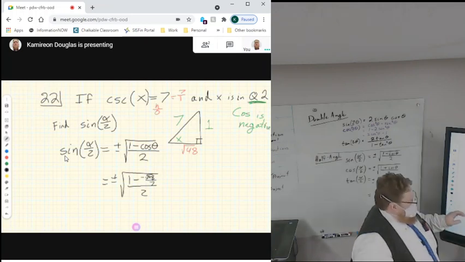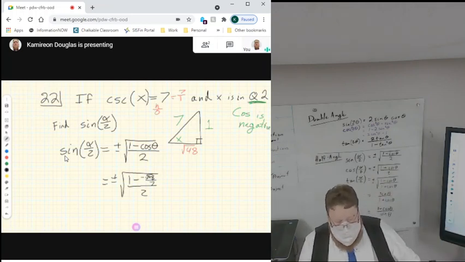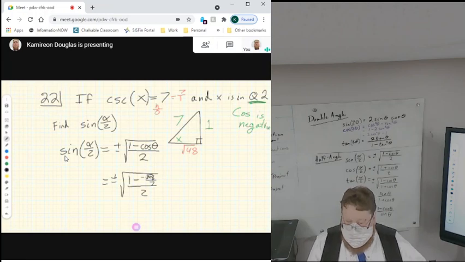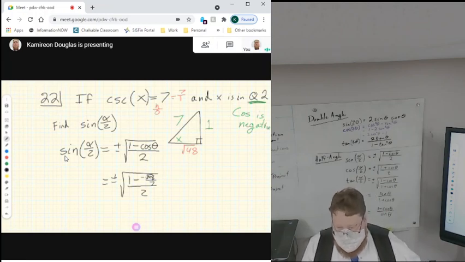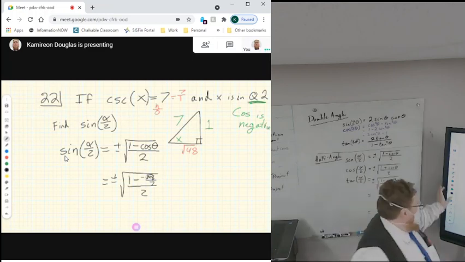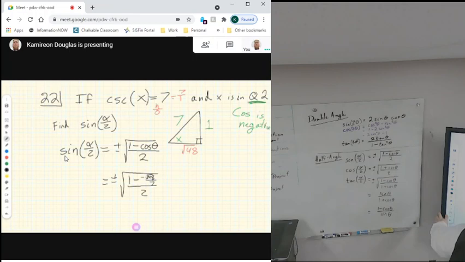Now, I said to simplify as far as we can. I will showcase the couple of steps I'm going to do to simplify this as far as I can. It is not as many steps as you think, but it's also not going to be exactly the way you like it at the end. Here we go. First thing we're going to put down. I'm going to get rid of the double negative, so I'm going to put plus or minus the big square root of 1 plus square root 48 over 7, all over 2.